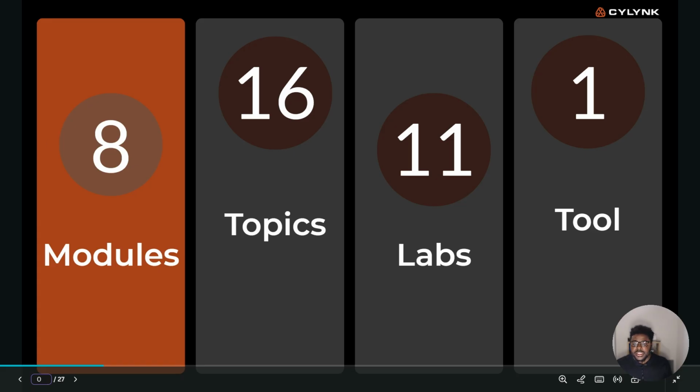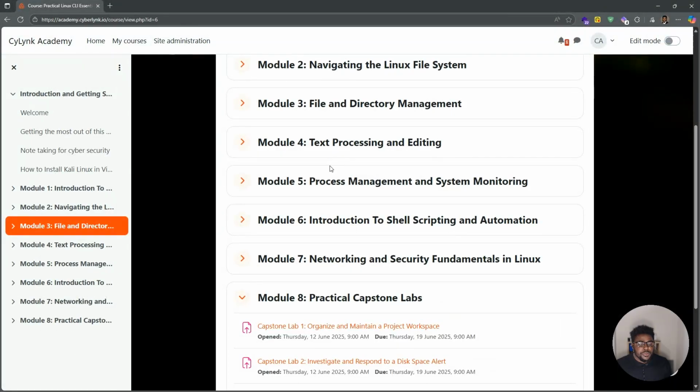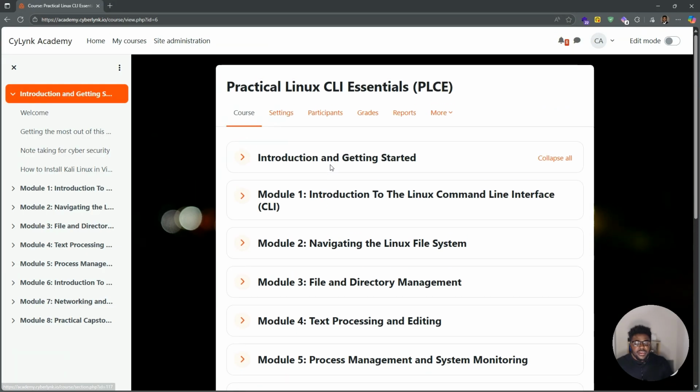In terms of what is actually included in the course, we've curated a lot of really technical knowledge and packed it into this course to ensure that you get the best out of it. You're going to start with a solid understanding of the introduction to learning with CyLynk and our ethos, which is the gain an edge mentality and what that means.